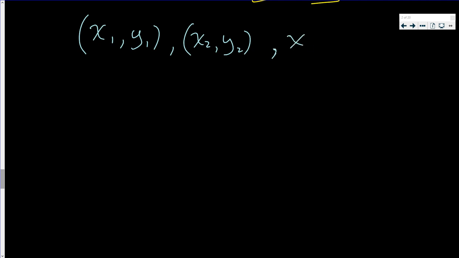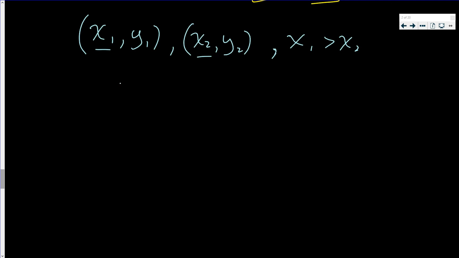So, suppose you have 2 points, x1, y1, and x2, y2. And let's assume that x1 is bigger than x2. One of these has to be bigger, so let's assume that it's x1.